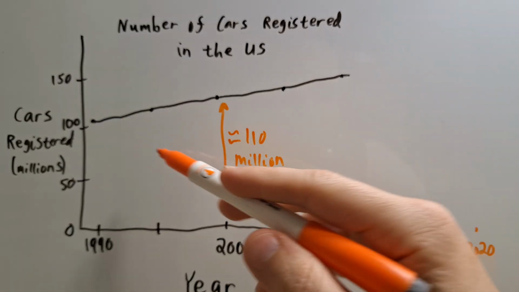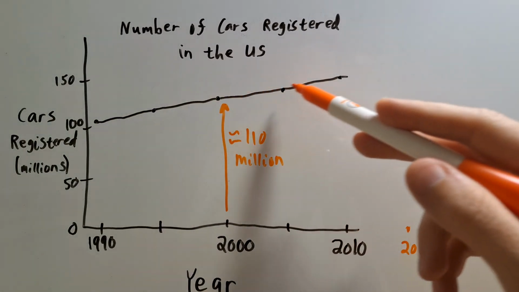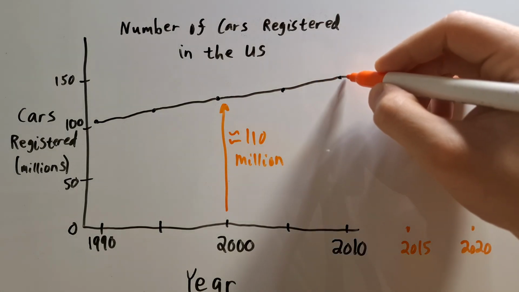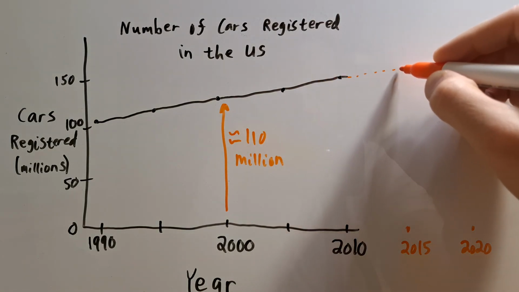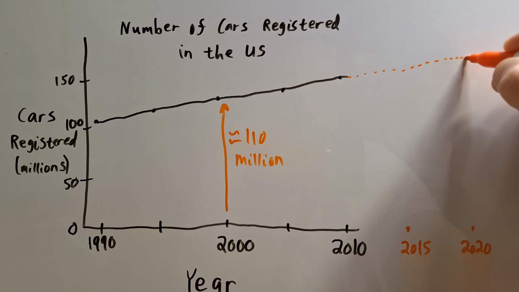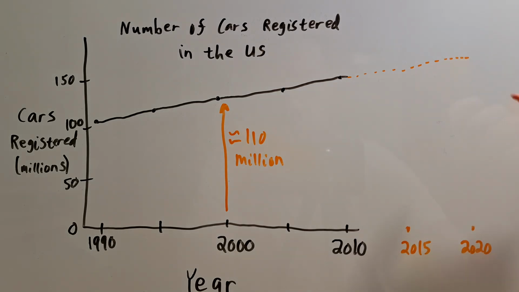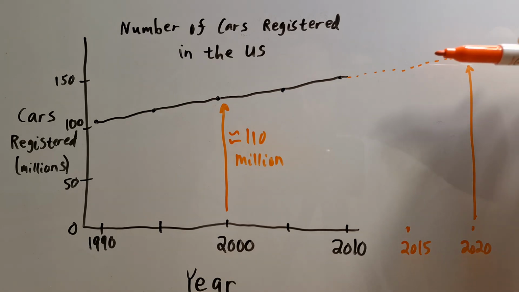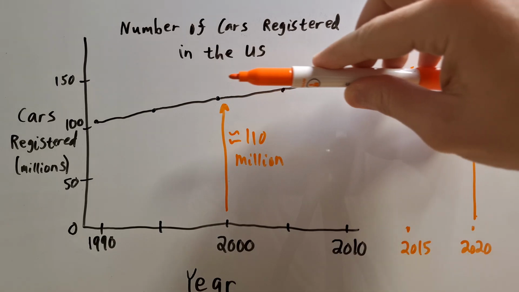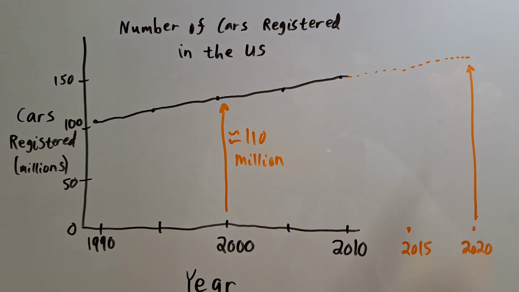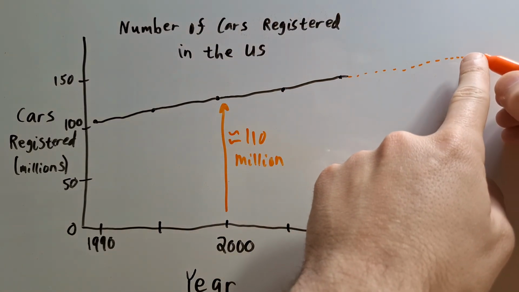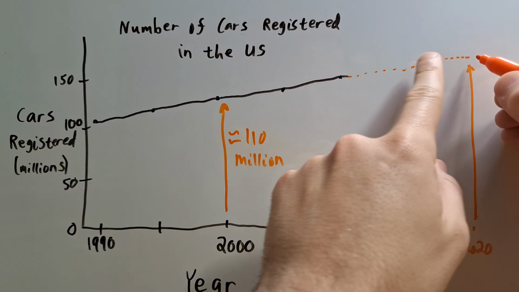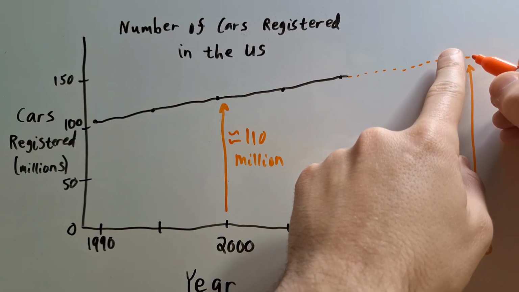So this trend is a little slow. So if I just extend this, and now we're here at the year 2020. So if I look over here and just go along that line, I am now going to be a little bit above 150 million cars registered.